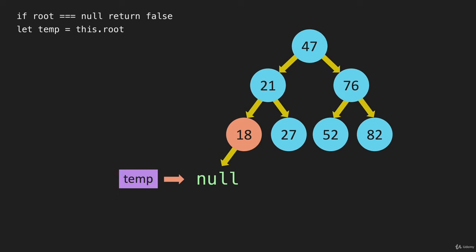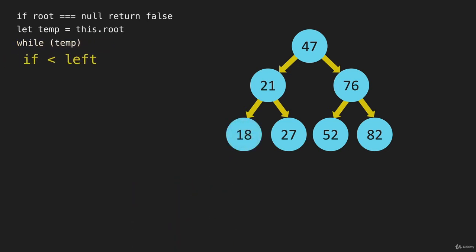And as we're moving through this, we already know that we're going to need a while loop, but now we're going to say while temp is not equal to null, we're going to keep going. But if we hit null, we know that number is not in our tree. So inside the while loop, if it's less than, we're going to move temp to the left.